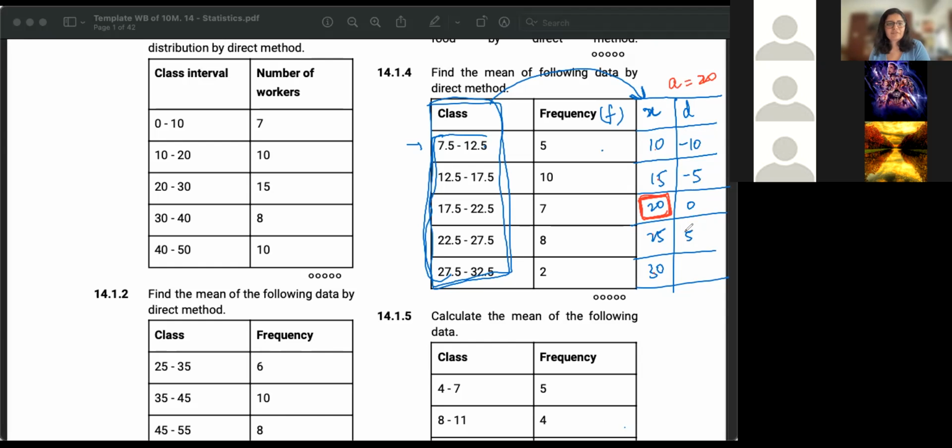You don't have to worry that negative values are coming. That's the whole point of the deviation. Deviation is just telling you by how much it is deviating. If a negative value came, you've assumed more, so you have to reduce it. If a positive value came, the actual mean is more than your assumed value, so you need to add that deviation. So don't worry what values you're getting. Follow the method, trust the process.